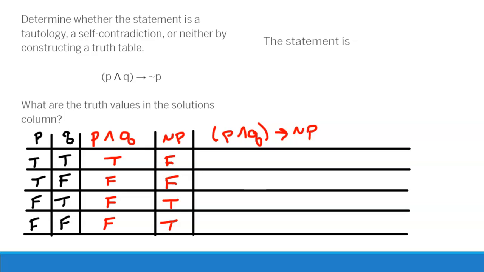And finally, for our solutions column, we have an if-then statement, which is true unless the if part is true and the then part is false, which means the first row is false and the rest of them are true. So our solutions column is false, true, true, true, and that means that the statement is neither a tautology nor a self-contradiction. If all of those were true in the solutions column, we'd have a tautology. If all of them were false, we'd have a self-contradiction.